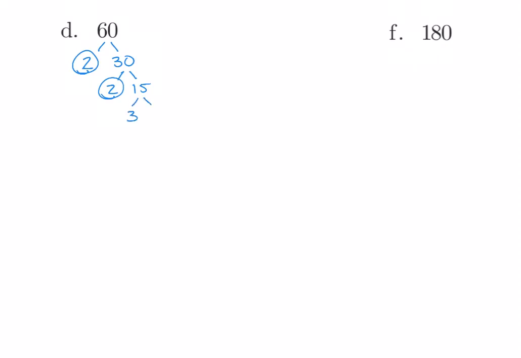And 15 is equal to 3 times 5. Both of these numbers are prime. So 60, if I write this in as a multiplication problem, we get 2 squared. There are 2 2's being multiplied. Times 3 times 5. So prime factorization for 60 wasn't nearly as bad as it was when we talked about listing all of the factors.